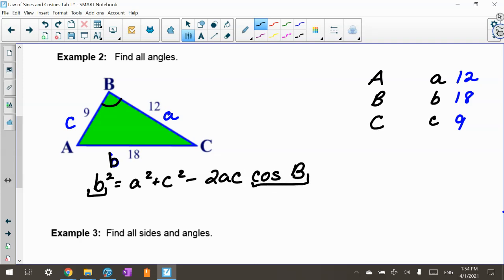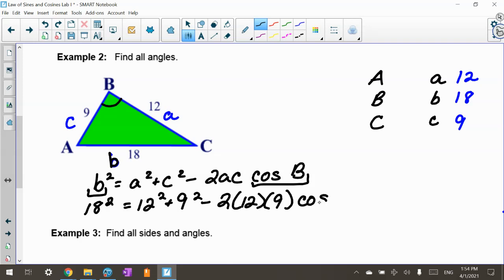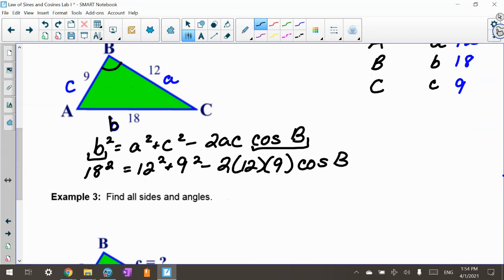I've got to start with b squared. So I'm going to do 18 squared equals, ready? a squared is going to be 12 squared plus c squared is 9 squared minus 2, repeat, 12 times 9, the cosine of angle B. Now this one is much different than what we just did because I can't just throw it in the calculator, because if I do, there's nothing here for the cosine of B. I can't find it.